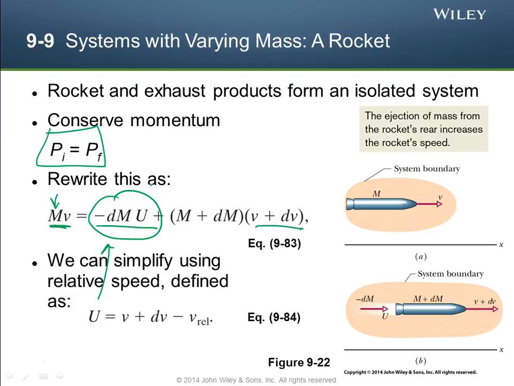And so we're losing some momentum from the rocket in that exhaust product, and we have to take that away from the momentum to get the end result. Because remember, the momentum of the system has to stay constant. It's what it originally was, but we're kicking some exhaust back, and that's going to propel us forward, and so that's why we have that negative sign here.